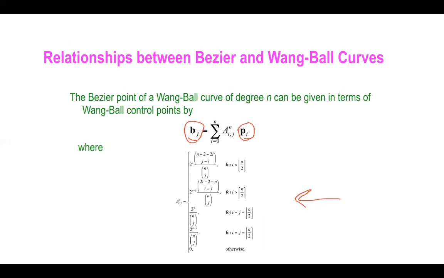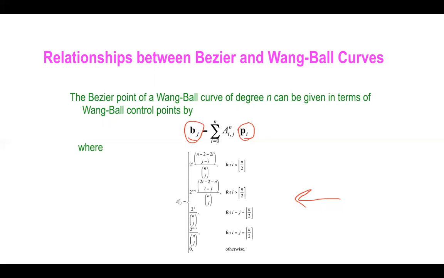The second one converts from Wang ball control points, denoted by P, into Bezier control points, denoted by B. Okay. This will be the exercise that you have to do, right?